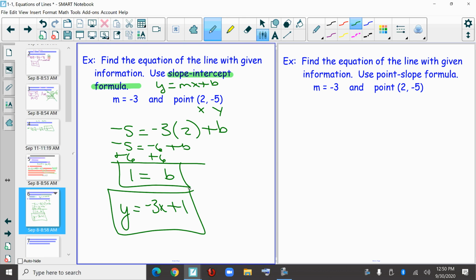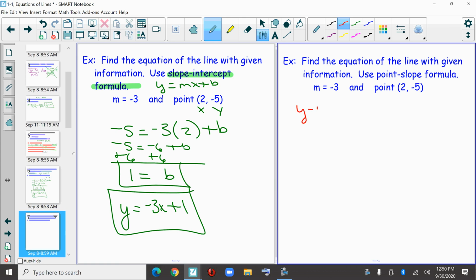Now, over here on the next example, we're going to use this formula, y minus y1 is equal to m times x minus x1. And we're going to utilize the point x1, y1, and that's what we're going to be labeling that point as. And we're going to simply keep the first y and the first x that you see.